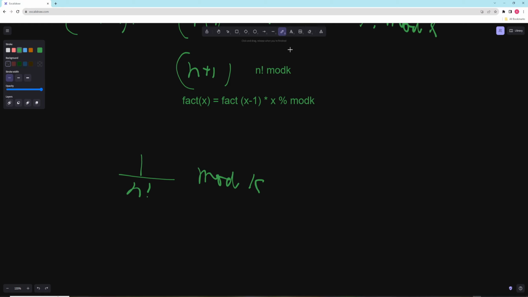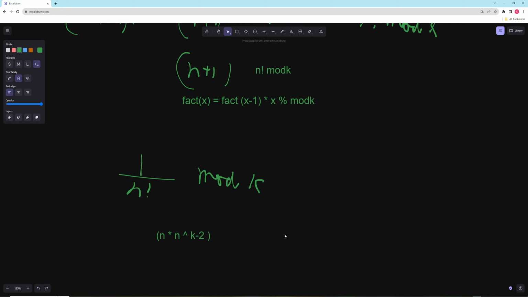What Fermat's theorem says is if you want to calculate the inverse of a number, if you have n and you have a prime k, then n times n to the k minus 2, this whole thing mod k.